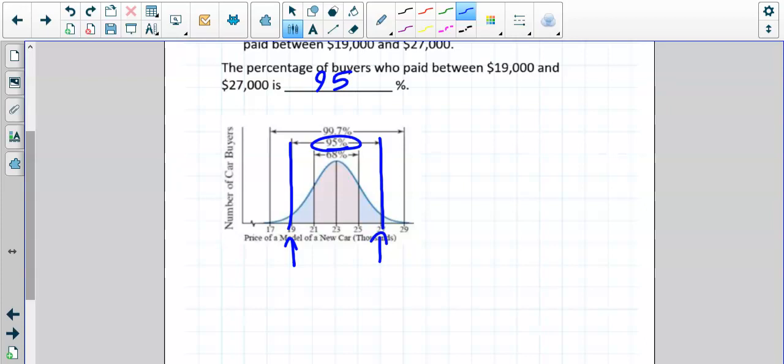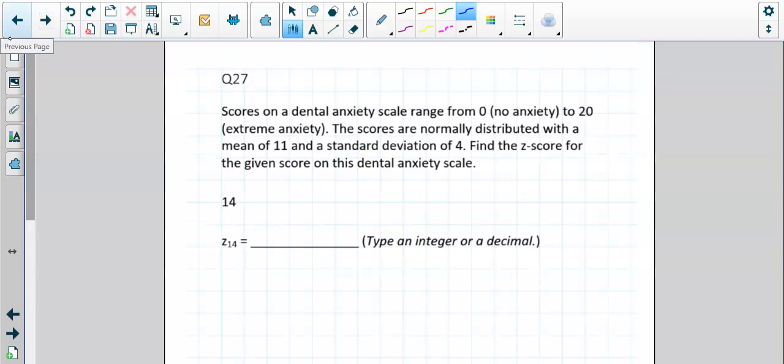Okay. And then last but not least, we got a quick Z-score problem for you. So it says the scores on a dental anxiety scale range from 0, no anxiety, to 20, extreme anxiety. The scores are normally distributed with a mean of 11 and a standard deviation of 4.